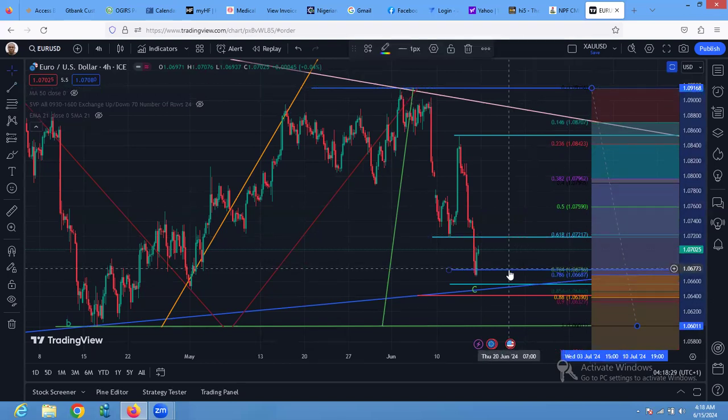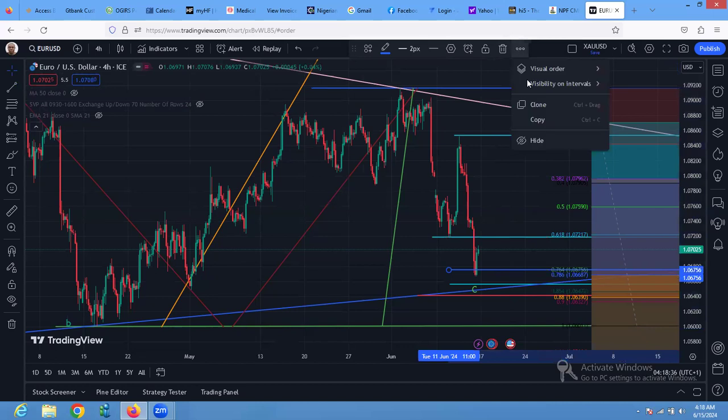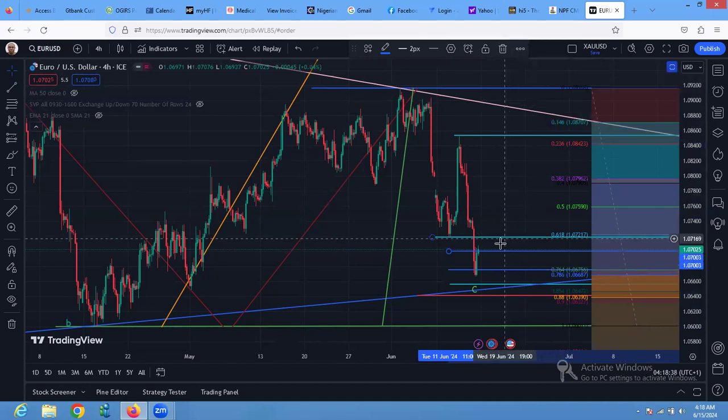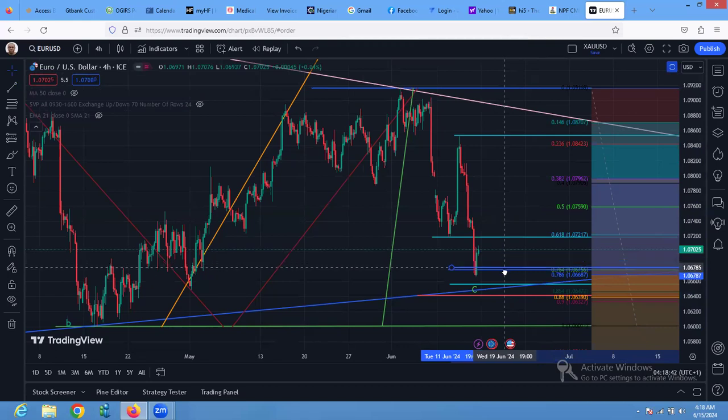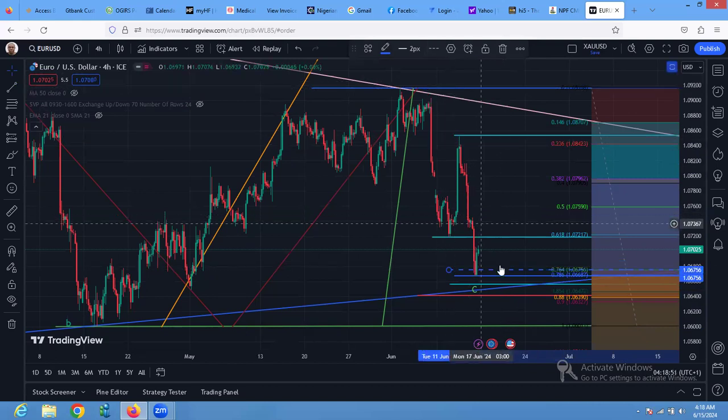So we know that this point is 76 and the point below it is 78. So it broke 76, it touched 78, and it bounced up.